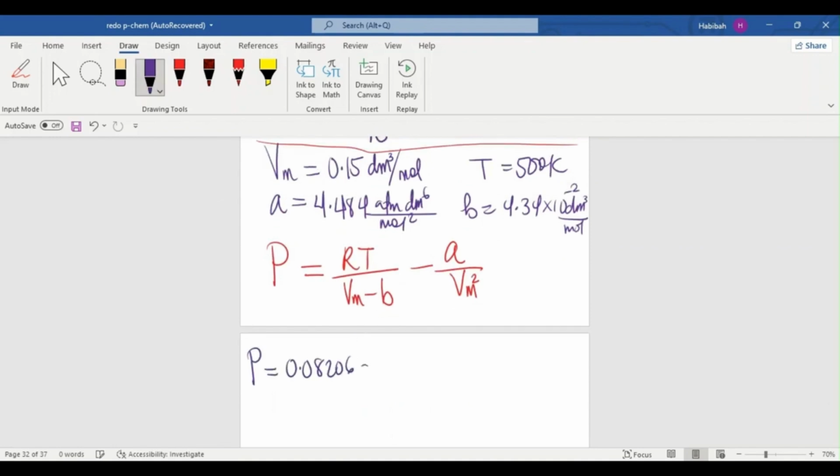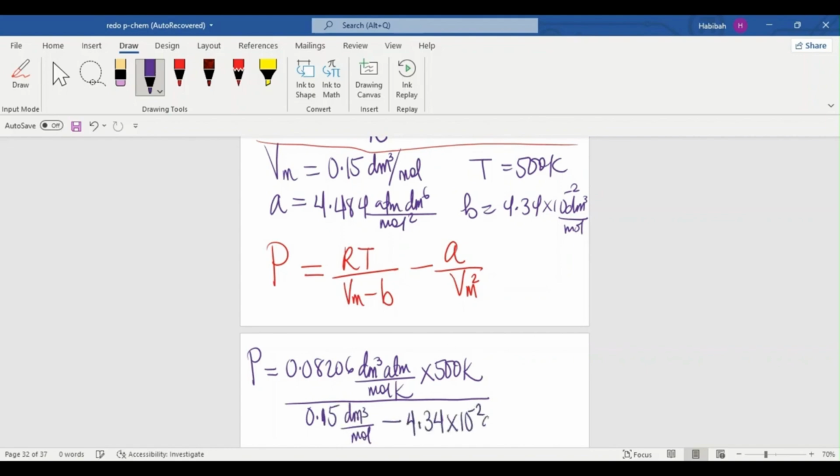So you have the gas constant, P is just simply 0.08206 dm cube atmosphere divided by mole Kelvin times temperature, which is just 500 Kelvin, divided by Vm. So molar volume is 0.15 dm cube per mole minus B, which is just 4.34 times 10 to the power of negative 2 dm cube per mole.